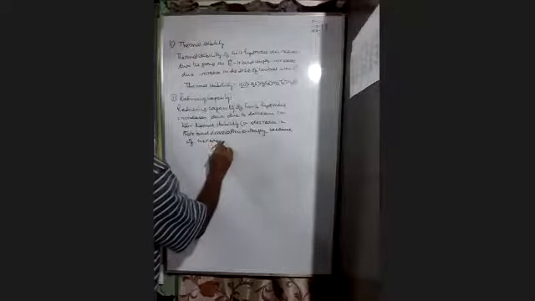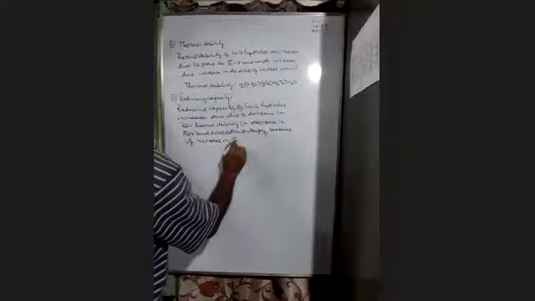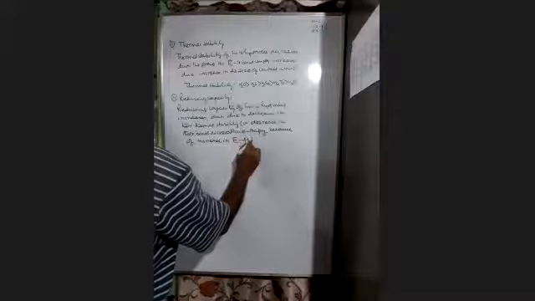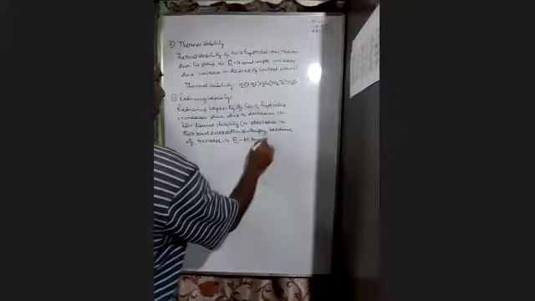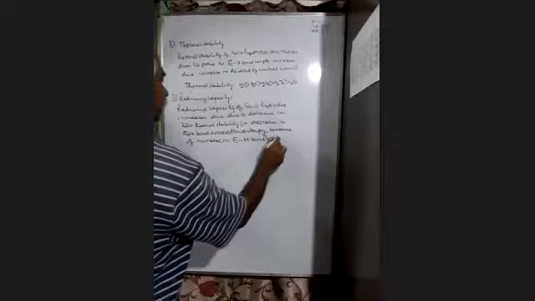Because of increase in E-H bond length. If a substance is longer, you can break it easily. You can try with your pencil. Take it, break it. And when the pencil becomes very small, try, you will not be able to break it.